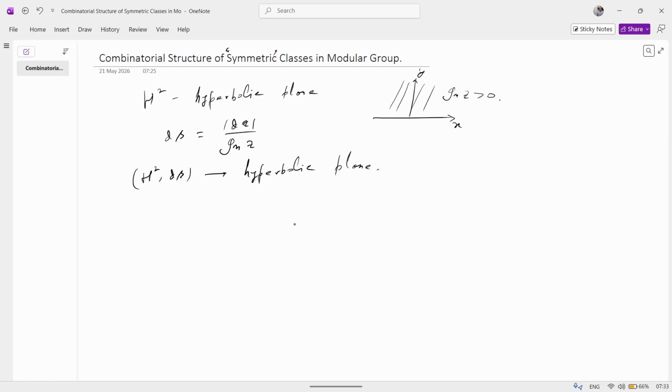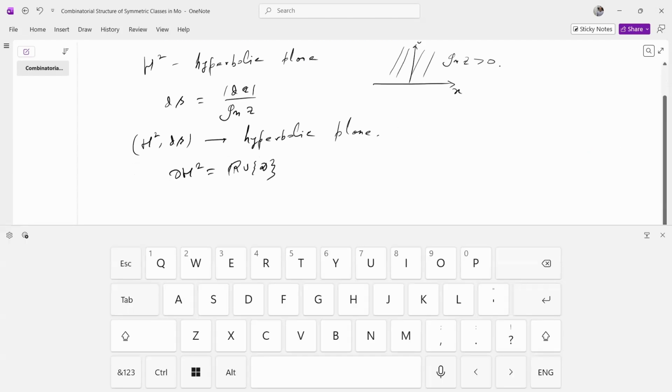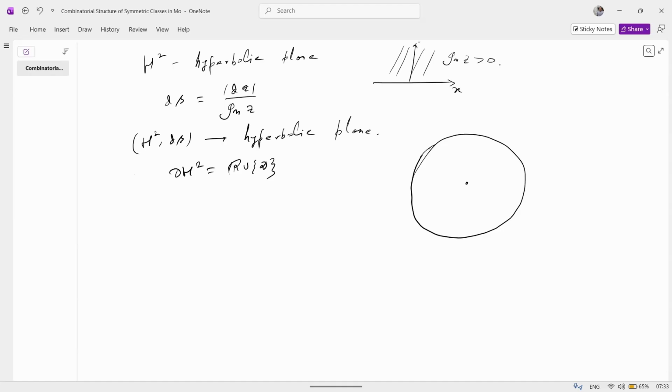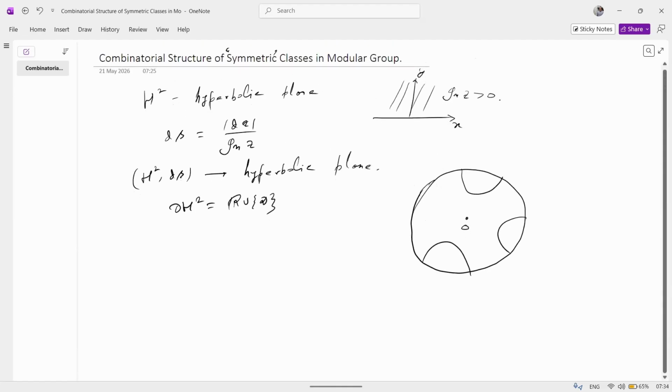The boundary of the hyperbolic plane can be identified with the extended real line. And we all know that if we apply an automorphism or Mobius transformation, we can identify it with the unit disk, where geodesics are semicircles orthogonal to the boundary. So in this model, the geodesics are semicircles orthogonal to the boundary.